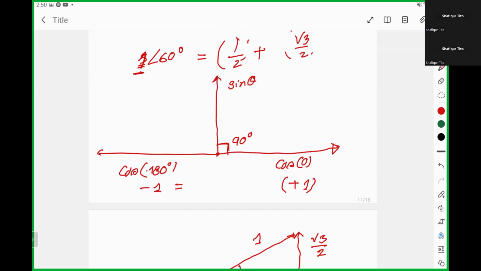Do you get the idea? If I want only a 90 degree phase shift, that will be i.